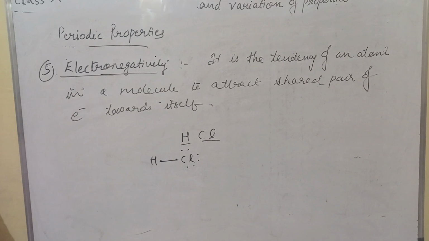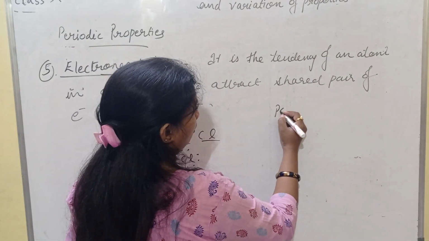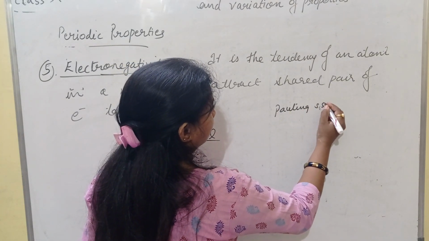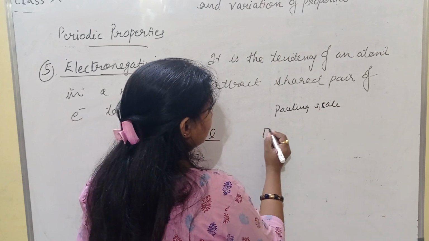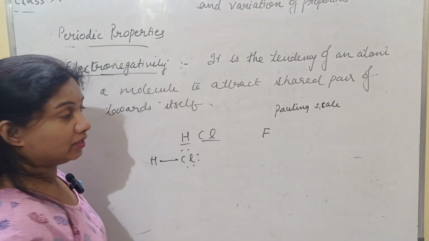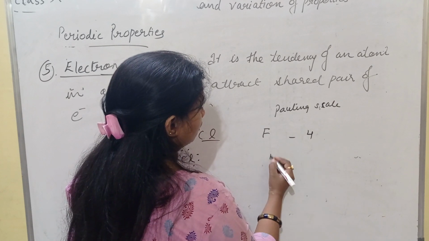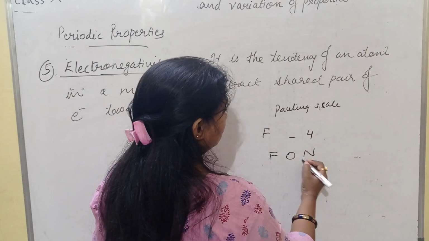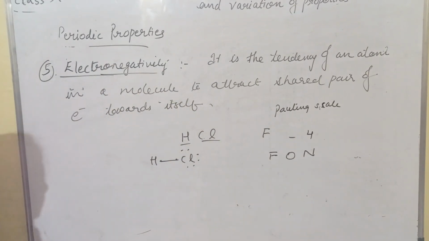It is only measured in scales. We measure electronegativity in Pauling scale, and fluorine is the most electronegative element with a value of 4. Fluorine is the most electronegative, then oxygen, then nitrogen, and so on.